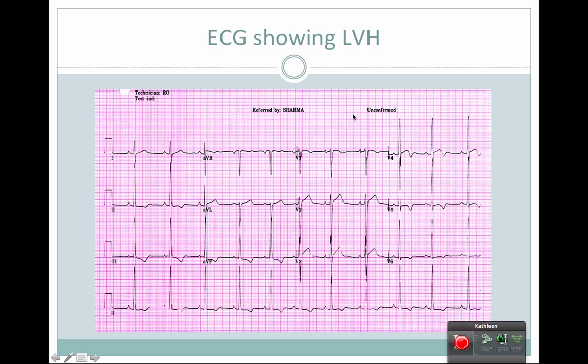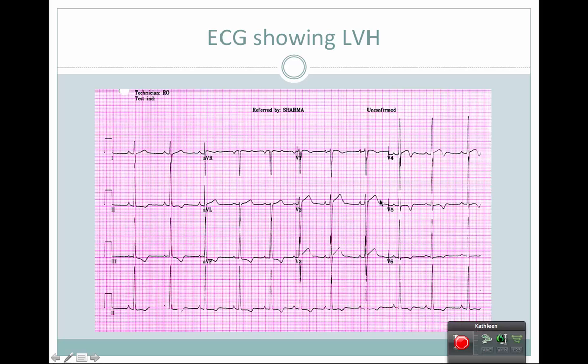And this is an example EKG showing left ventricular hypertrophy. AVL, an R in AVL that is greater than 11 millimeters, and that is definitely almost at 11 millimeters.